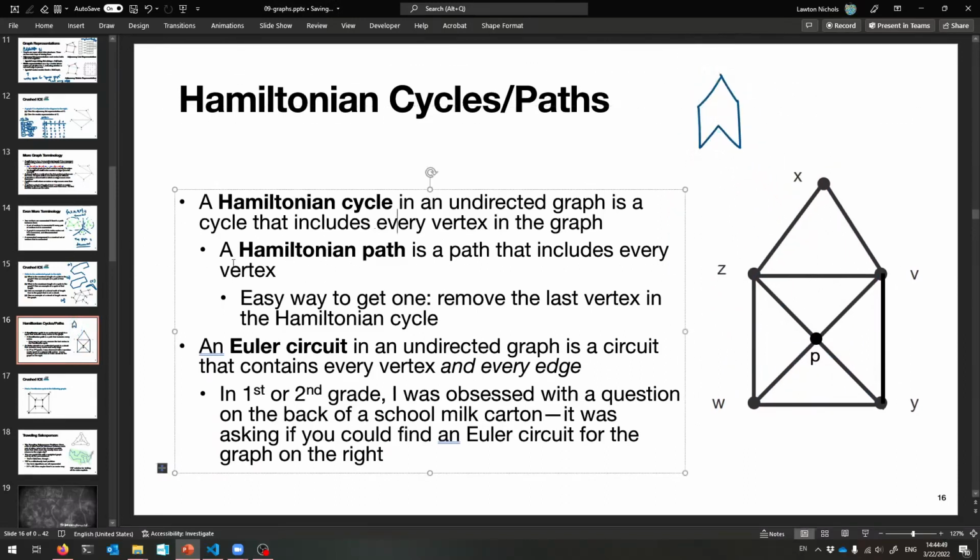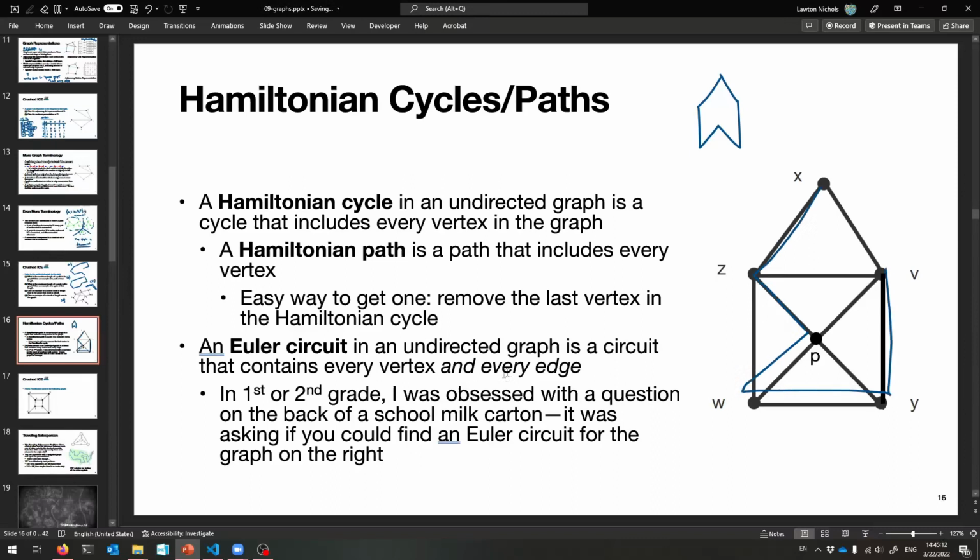And then a Hamiltonian path is a path that includes every vertex. A very easy way to get a Hamiltonian path is to start with a cycle, if there's a way to get one of those, and just remove the last vertex so that it doesn't wrap around and make a cycle. Boop, boop, boop, boop, boop.